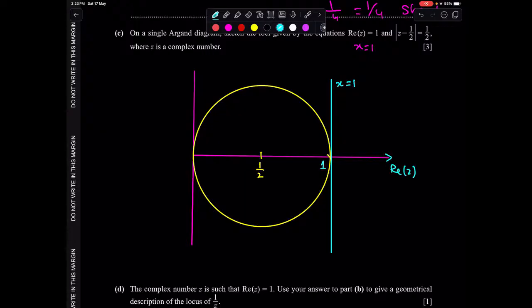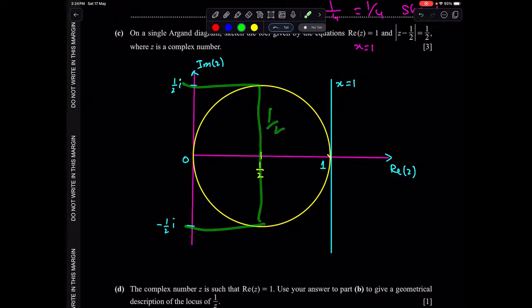Label the axes. Make sure you label the axes, otherwise you will lose 1 mark. So this is half i, radius minus half i. Since radius is half, so this is half i. Done.